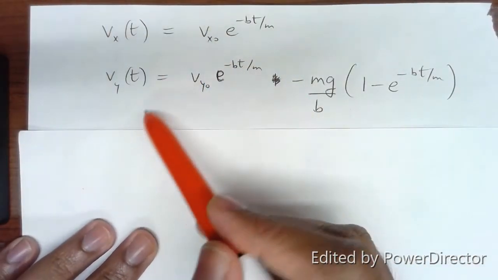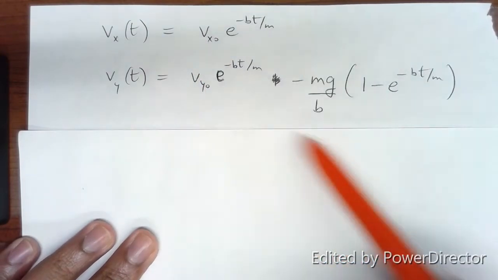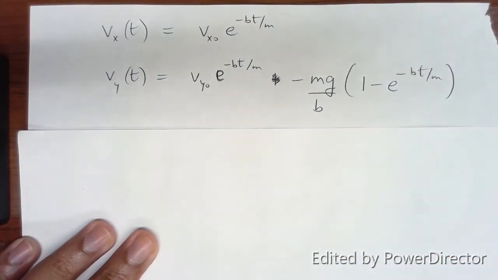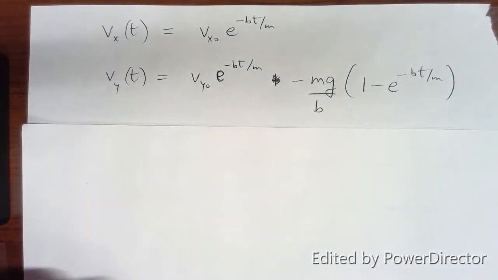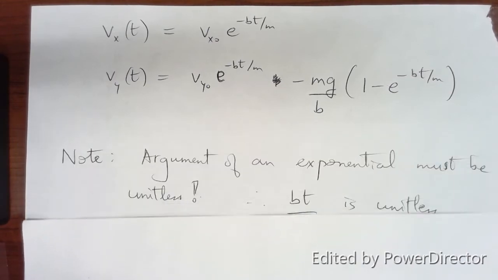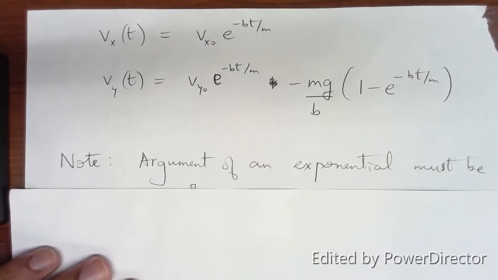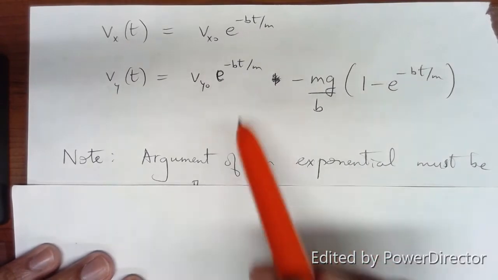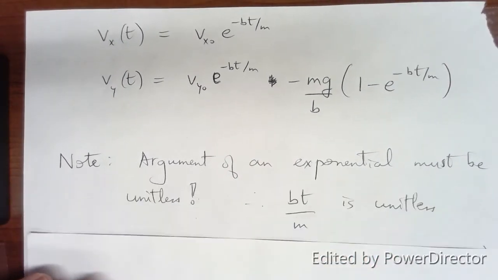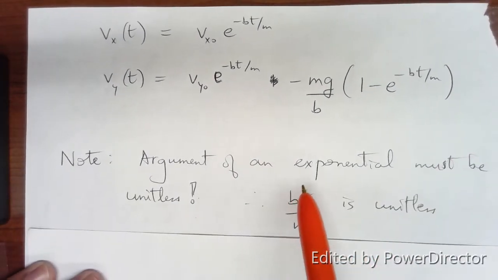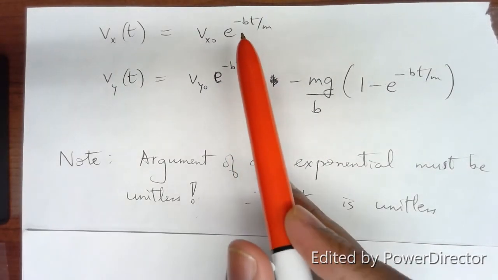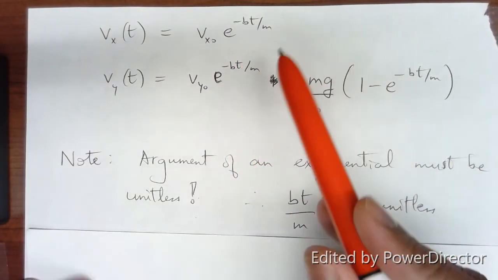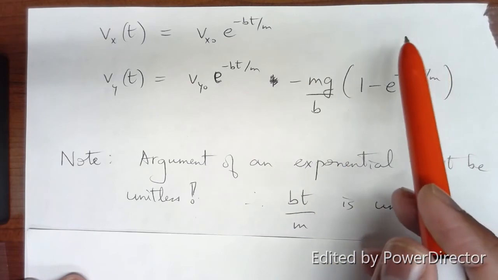We have found the velocities in the x and y direction, and these are the equations. Let's notice a few points. One is that the argument of an exponential must be unitless. The reason being that we can always expand an exponential as a power series with an infinite number of terms.